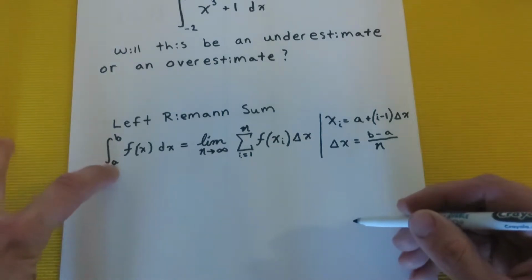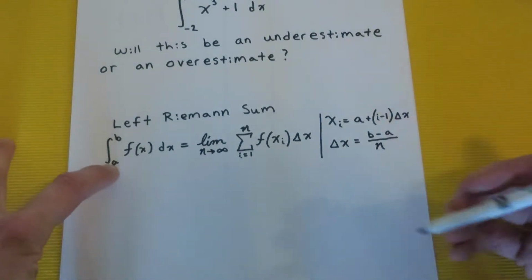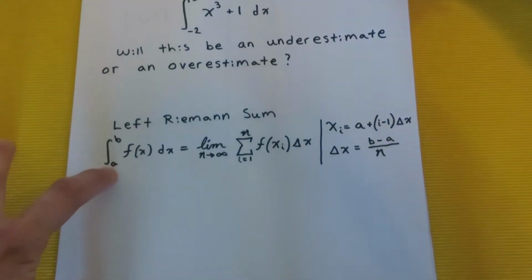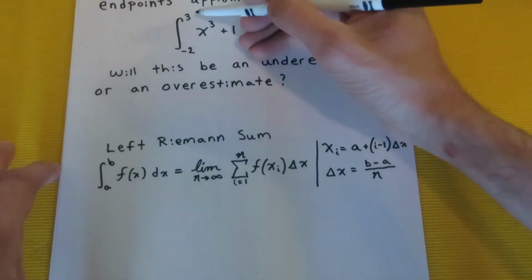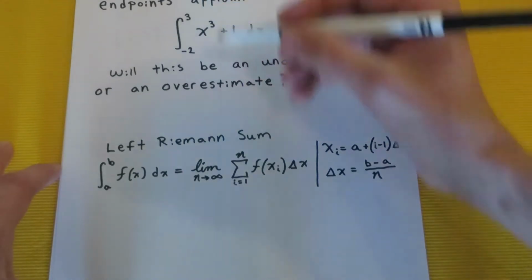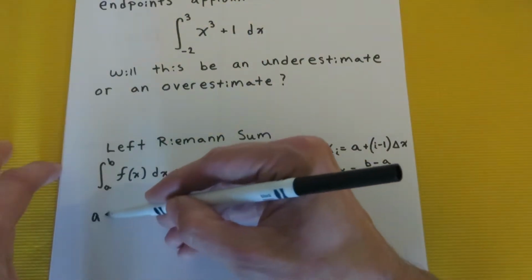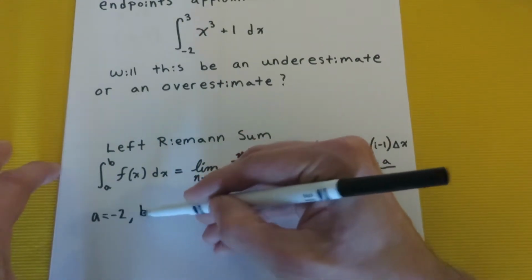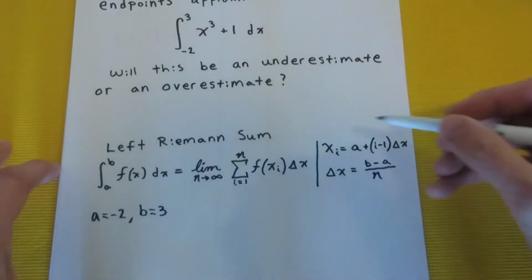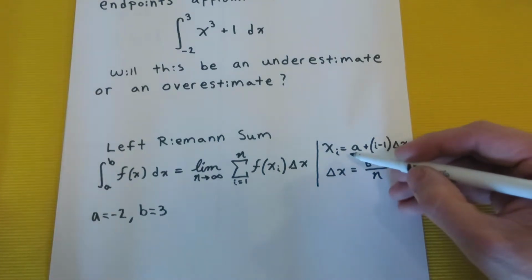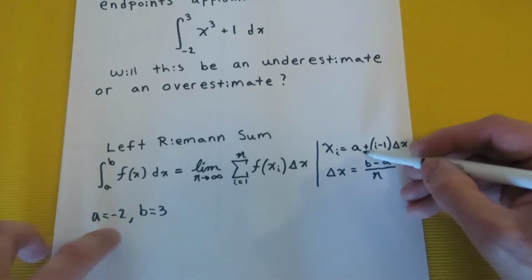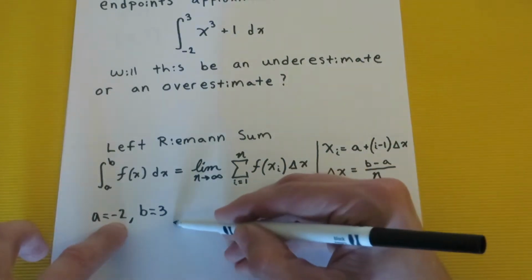So first off, let's say we know that a is going to equal -2. b is going to equal 3. So a is equal to -2, b is equal to 3. And our formula for x sub i starts with a, so that's going to be -2.